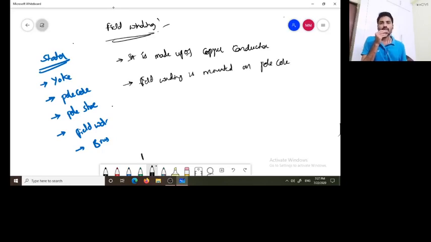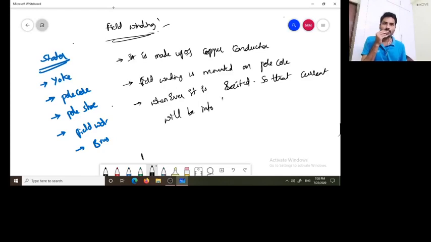So what is the purpose of this winding? Whenever it is excited, current will be passing into the winding.